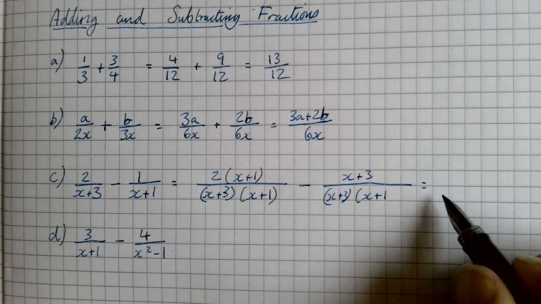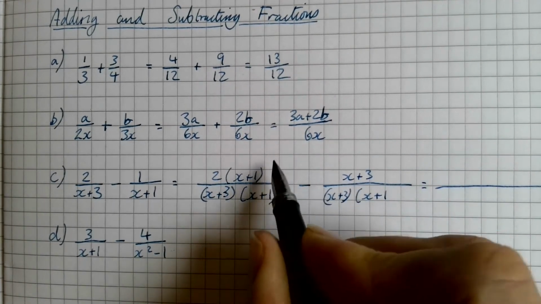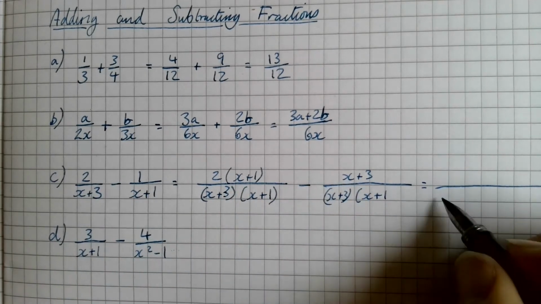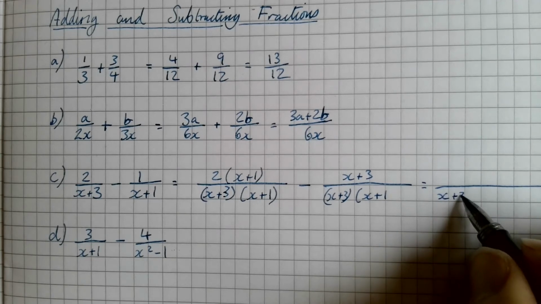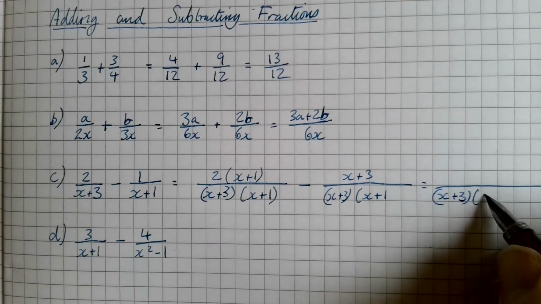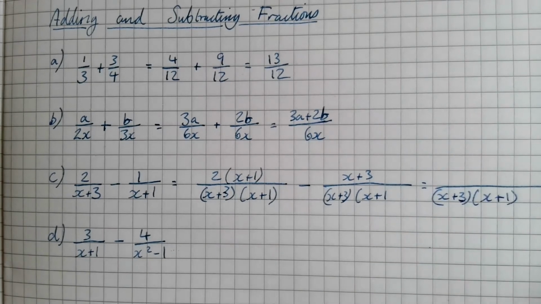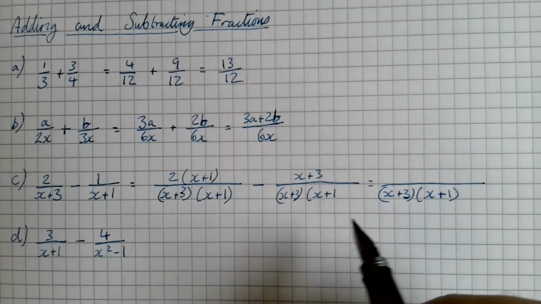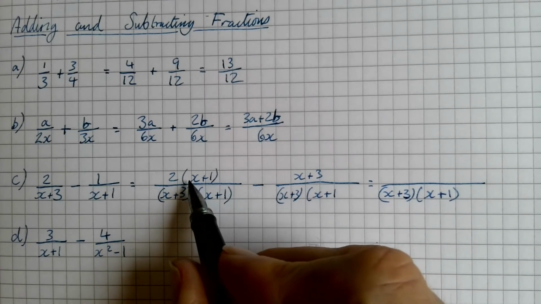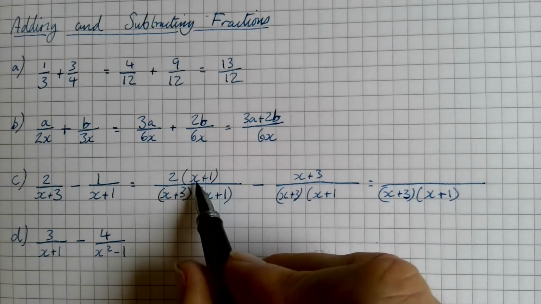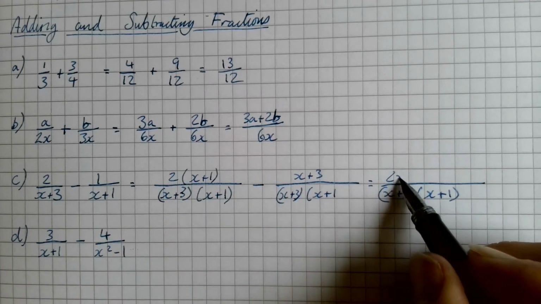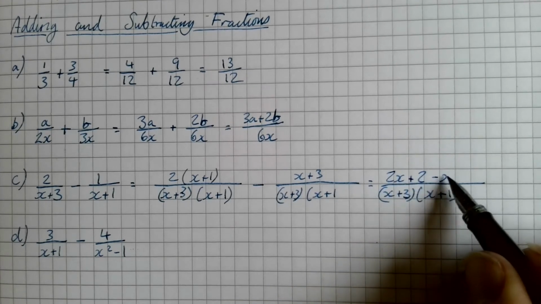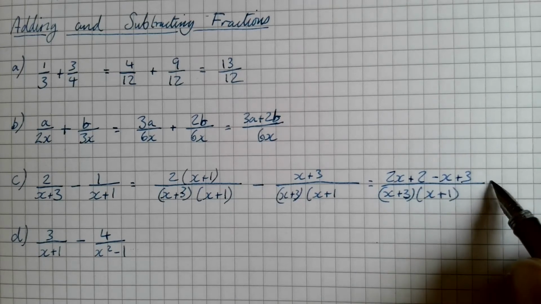Now we do need to expand this bracket and then simplify our numerator. So we know we've got x plus 3, x plus 1. You don't have to expand those, you can if you want to, but there's really no point. Then if I expand that, that's going to give me 2x plus 2, and I'm taking away x plus 3.